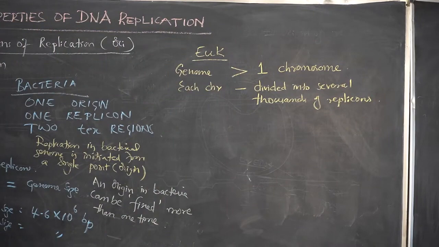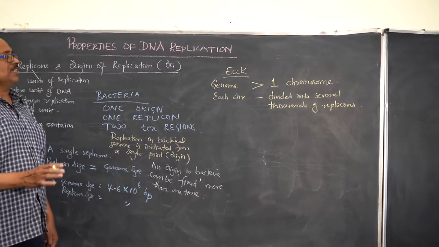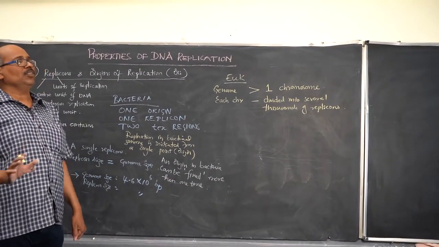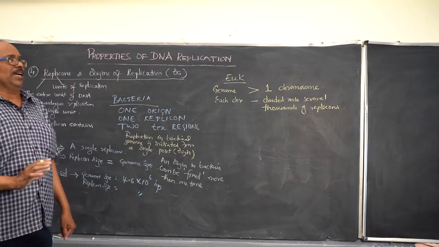Now, how many replicons you have depends upon the size of the genome, the size of the chromosome, and the size of the replicon. All this will determine how many replicons are present in a given eukaryotic system.